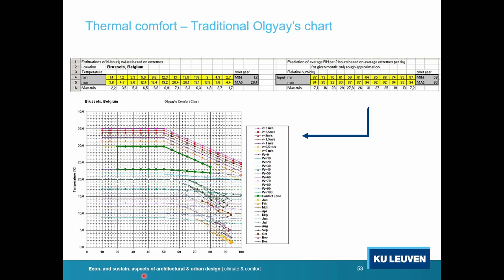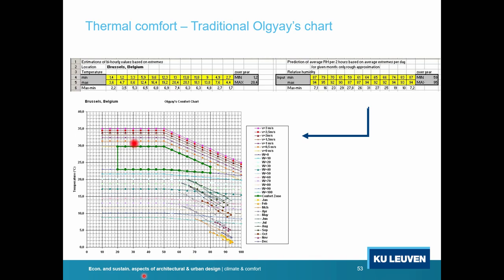So it's Belgium, I think. No, it's another country. It shows the yearly temperature and humidity compared to the comfort zone. So this is already the data input here. Yeah, it's Brussels. These data are shown here, but you get an empty chart with the comfort zone in green, as defined by Olgay.